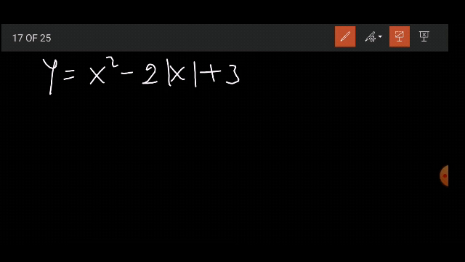So for x square, some student can also write it this way. For y equal to x square, what do we say?